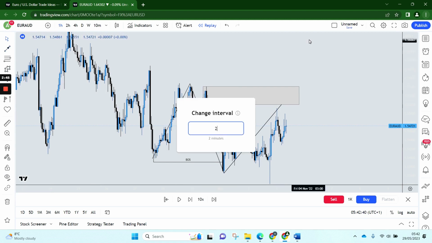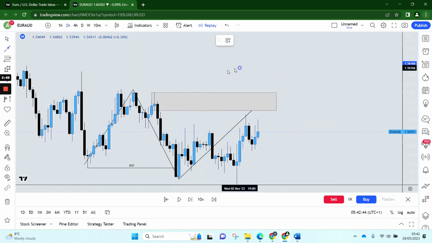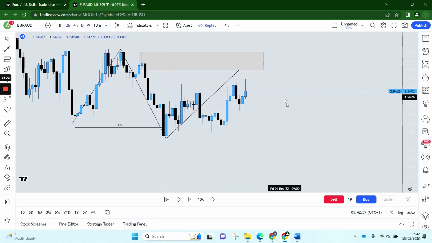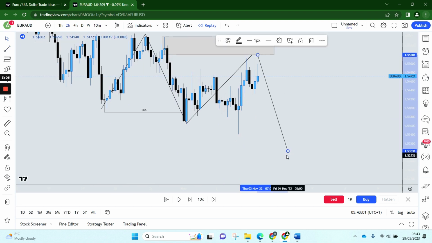You can clearly see it's a 2 hour supply zone, an order block, a 2 hour one. This is a good order block because there's some imbalances created, some liquidity, a bit of inducement here that's ready to be taken out just before price hits this order block. So we know eventually a new lower low has to be made. A new 1 hour lower low needs to be made.